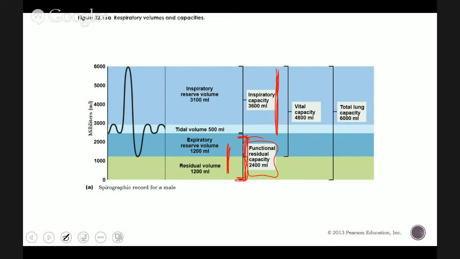That's letter B way at the bottom of page 2. It's the expiratory reserve combined with the residual volume. And it represents the amount of air that remains in the lungs after a tidal expiration. So when you breathe out normally, how much air do you still have left in your lungs? That's what it is. And then finally, if you look at everything all together, your total lung capacity, or all the volumes put together.